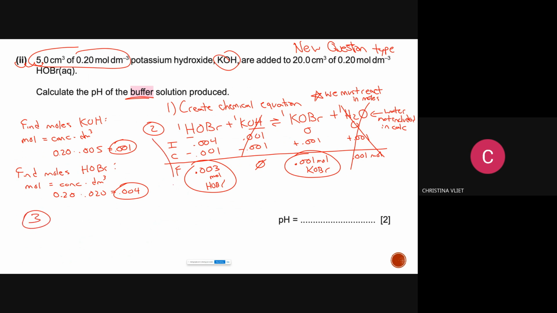We're now going to find the pH of the buffer. You can see why I printed these out 2 per slide now. That's another clue. If you see 2 per slide, that means the math is more involved. There's more to do.